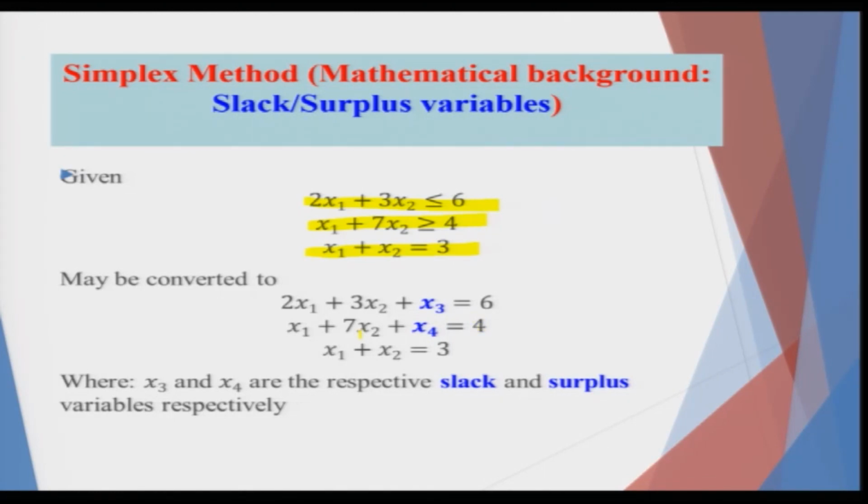And the third one, which I have not written, when the surplus and the slacks are added in order to make sense, would be x1 plus x2 plus 0x3 plus 0x4 is equal to 3. So, n is 4, m is 3.